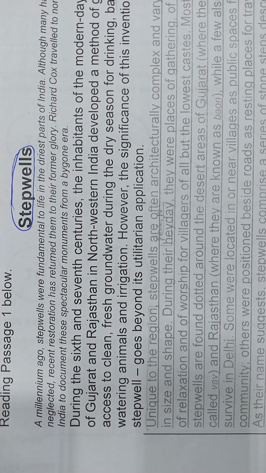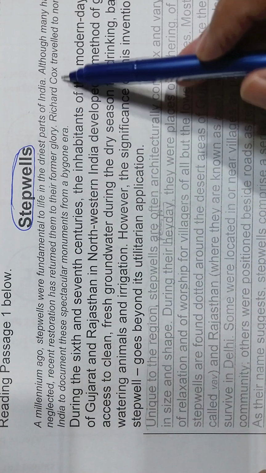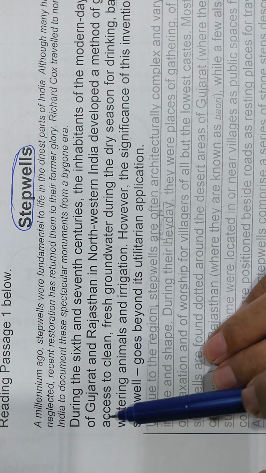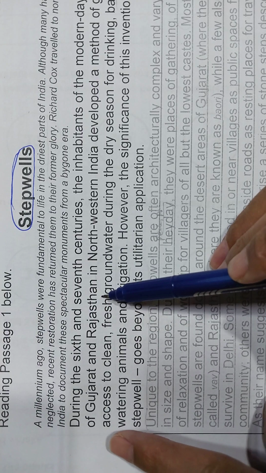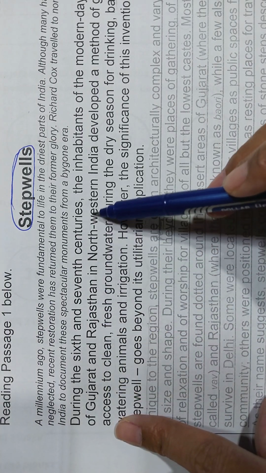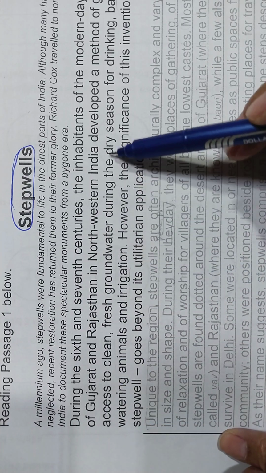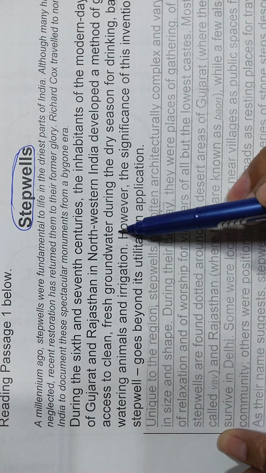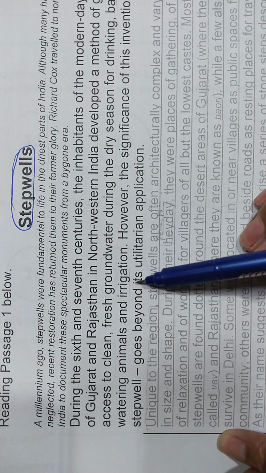Now we will go towards the passage and look for the word ancient. You will start from here, in the introduction. During the 6th and 7th centuries, the inhabitants of the modern day states of Gujarat and Rajasthan in northwestern India developed a method of gaining access to clean, fresh groundwater during the dry season for drinking, bathing, watering animals, and irrigation.